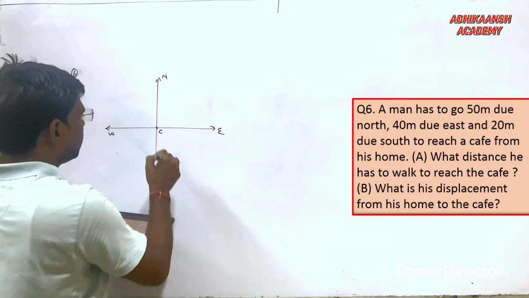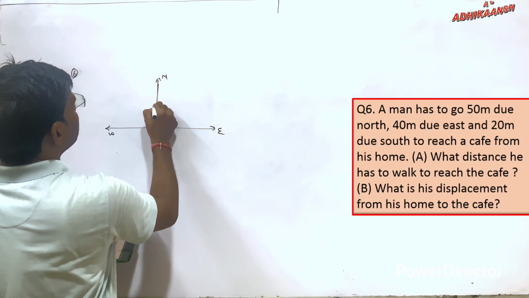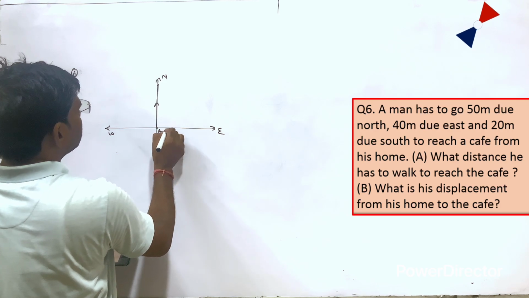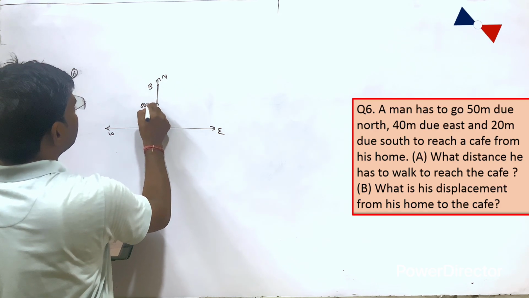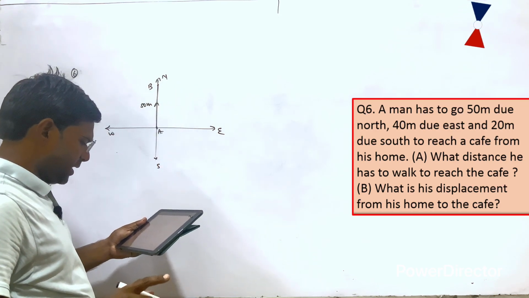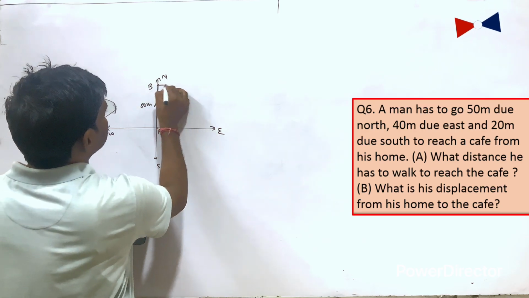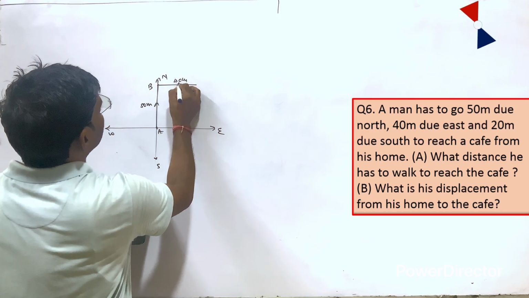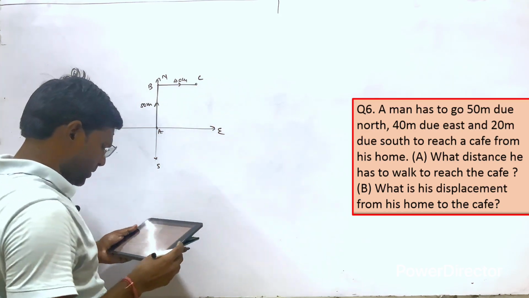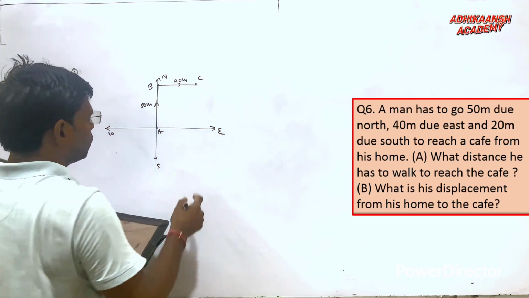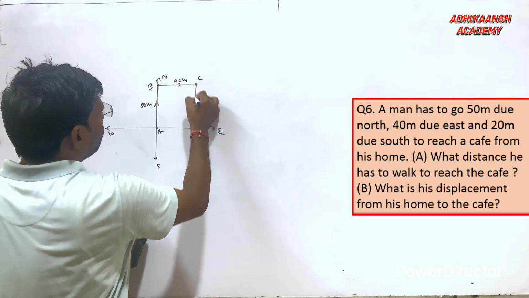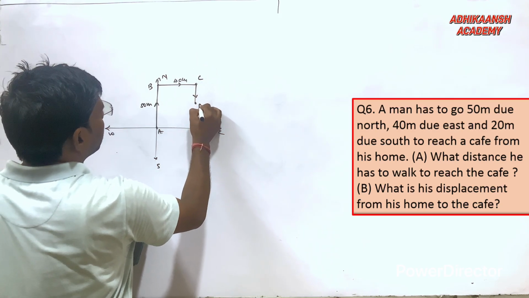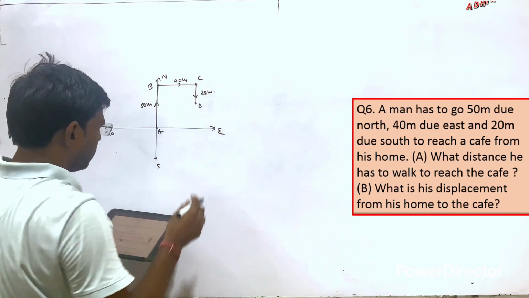The 50 meter due north, this is the 50 meter. Suppose this is the A to B. This is the 50 meter due north, right? 40 meter due east. This is the 40 meter, and it is the C point, and 20 meter due south, and then it moves to the 20 meter and reaches to the point D.